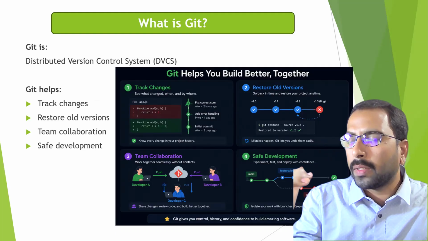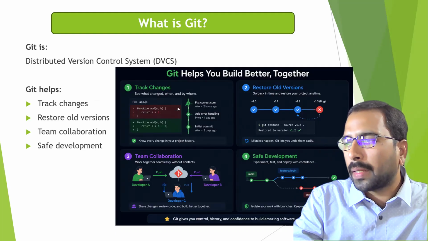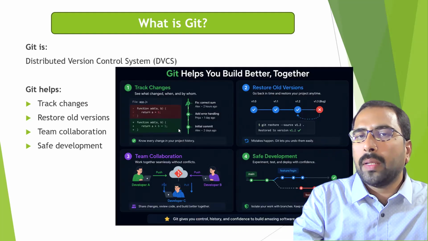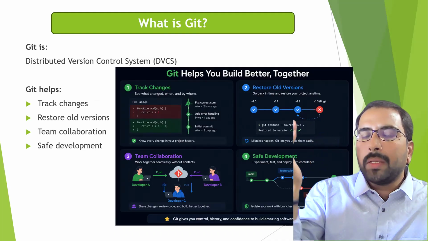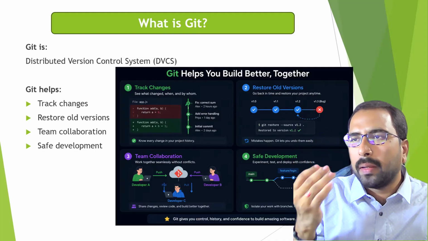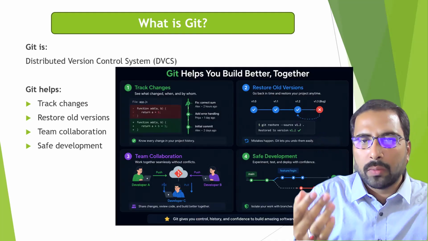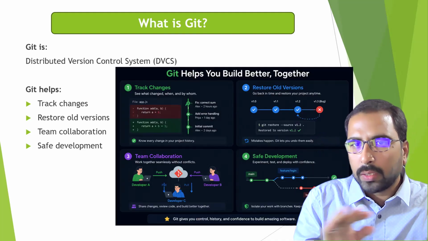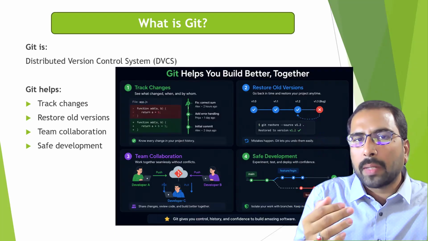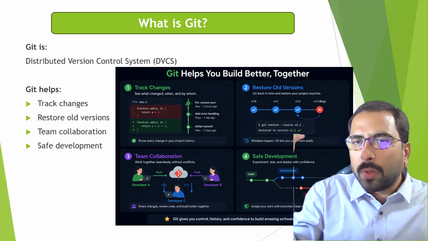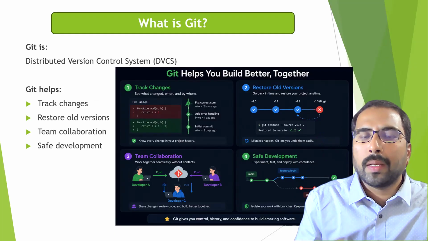Then, for example, if version 2 has some bugs and we don't want it, we want to revert back to version 1. Simply we can revert back to version 1 using Git software.